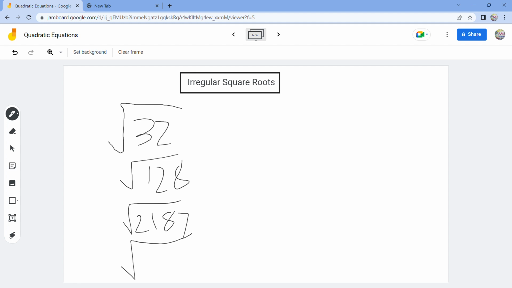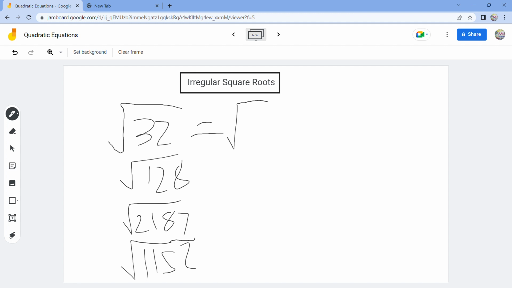So for example, like the square root of 32. Actually, let me use 128, or 2187, and then 1152. Okay, 1152 is a pretty good number. I'm not sure why I'm using it very often. So the square root of 32.